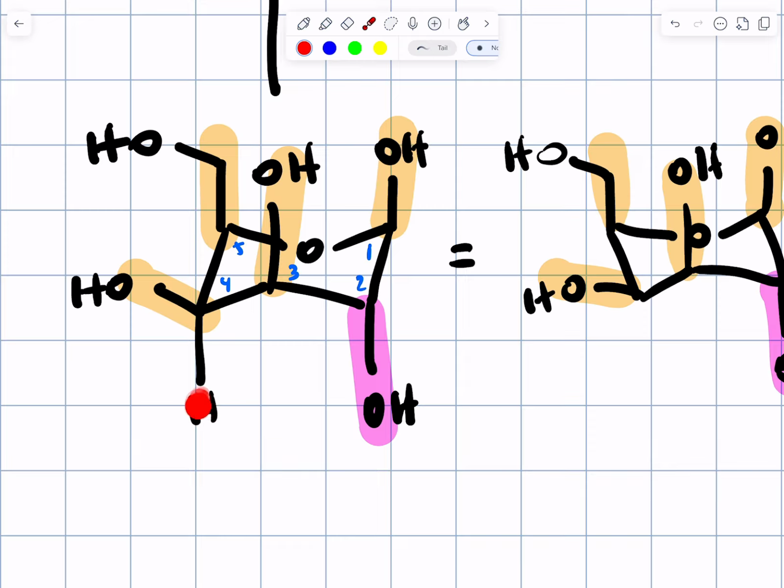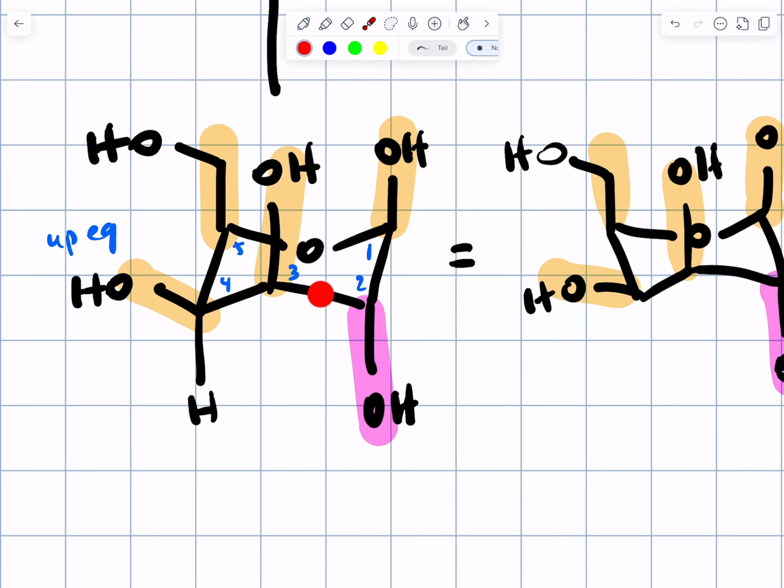So this hydrogen is down axial, and then the OH on carbon 4 in this chair is up equatorial. One way to tell is that equatorial groups are always parallel to the bonds that are one carbon away. So from carbon 4, go to carbon 3. This line here is going to be parallel to this line. Okay, others?